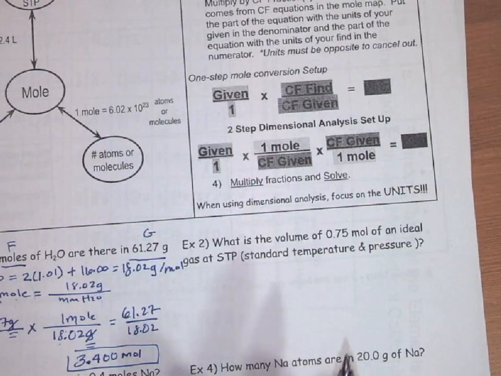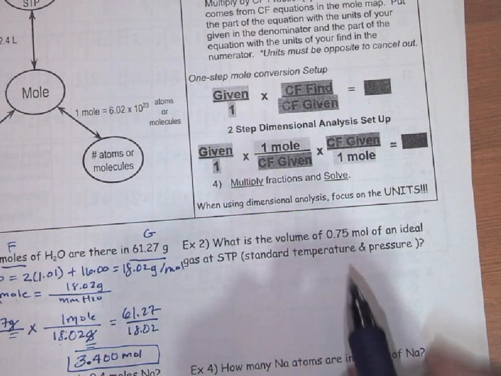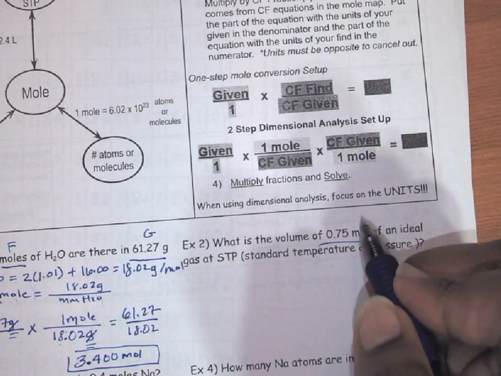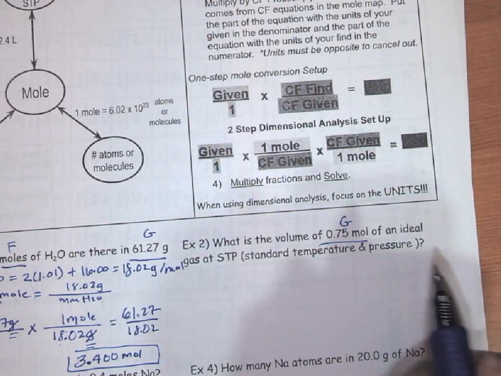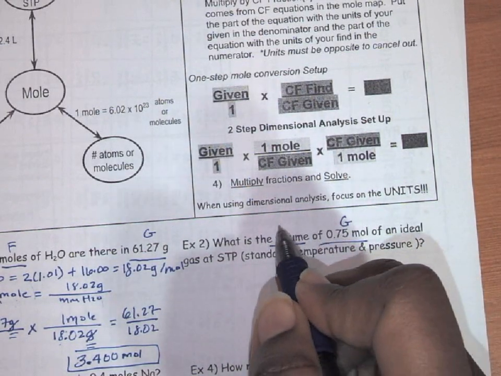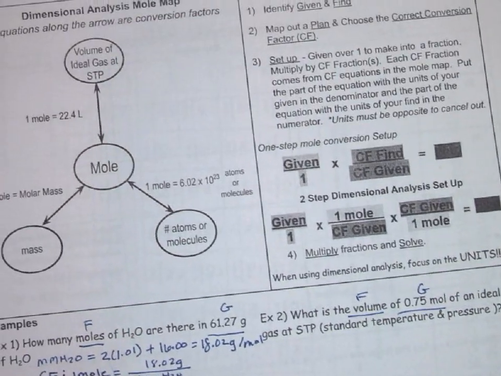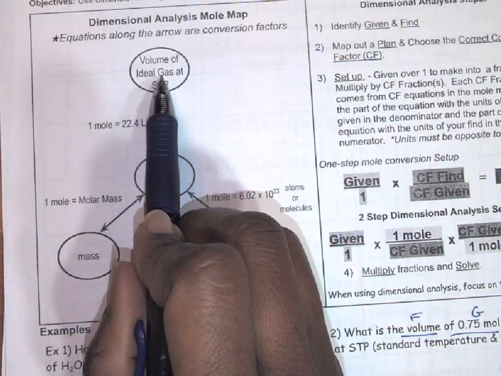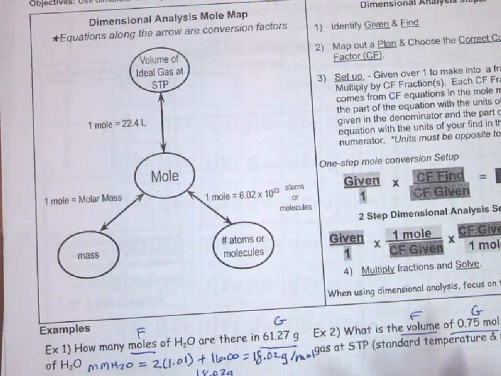What is the volume of 0.75 moles of an ideal gas at STP, standard temperature and pressure? So my given here is moles, and I'm looking for the volume of a gas at STP. When I go to my mole map, I'm starting here at moles, and I'm trying to go here to volume. This is my conversion factor.